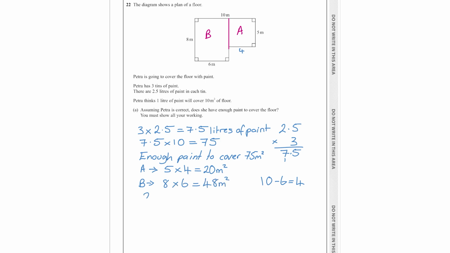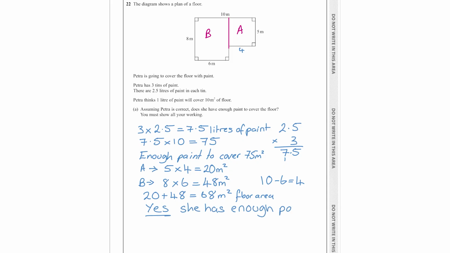So 20 plus 48 equals 68 meters squared. So this is the floor area. And the question, does she have enough paint to cover the floor? And you're going to say yes.